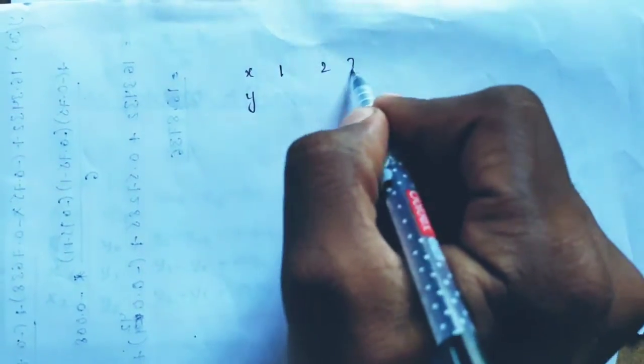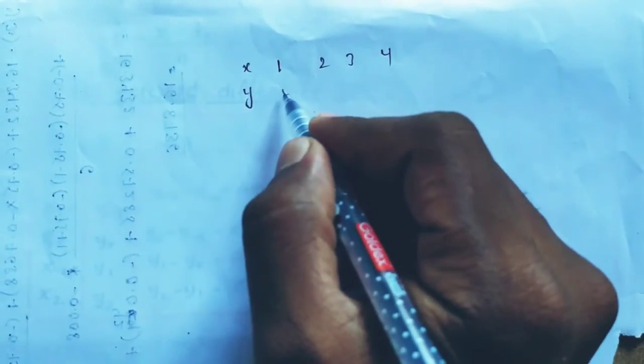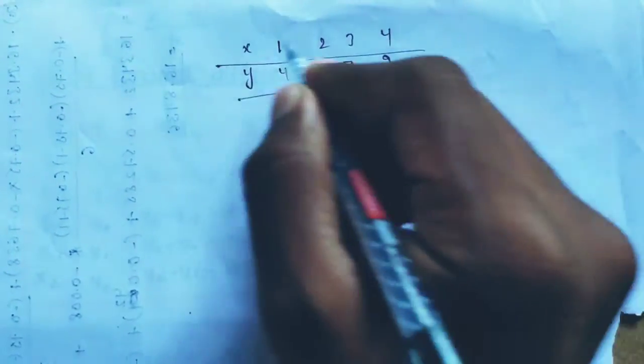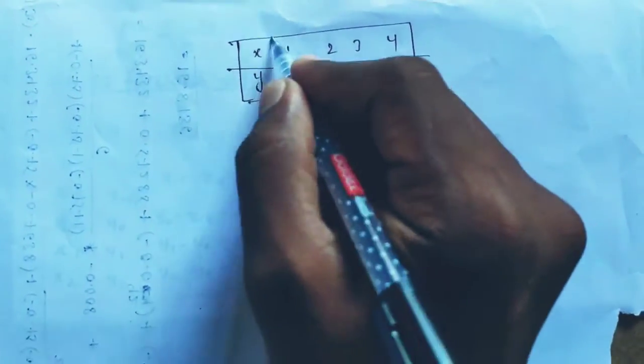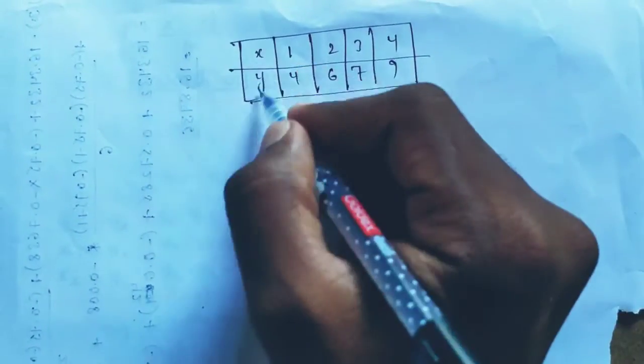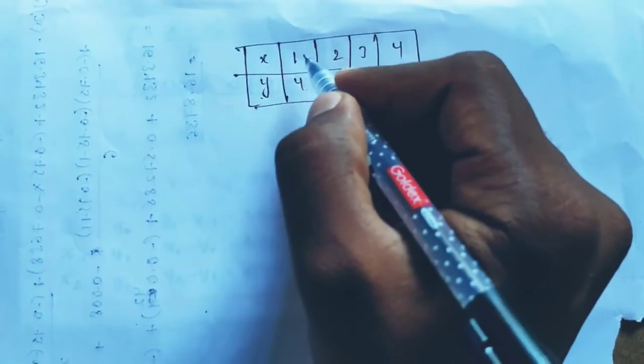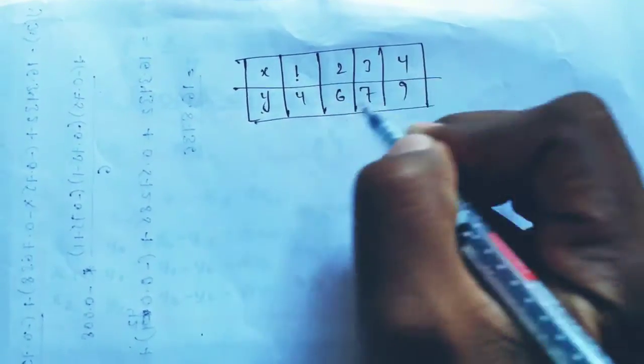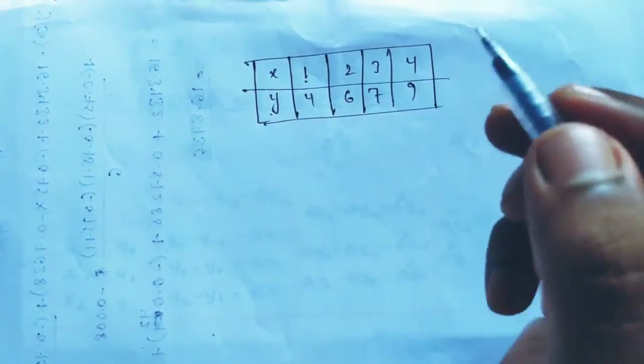The values of x are 1, 2, 3, 4 and the values of y are 4, 6, 7, 9. These values are given in the problem. In the previous methods, we directly take 1 as x0 and 2 as x1, but Gauss forward is completely different.